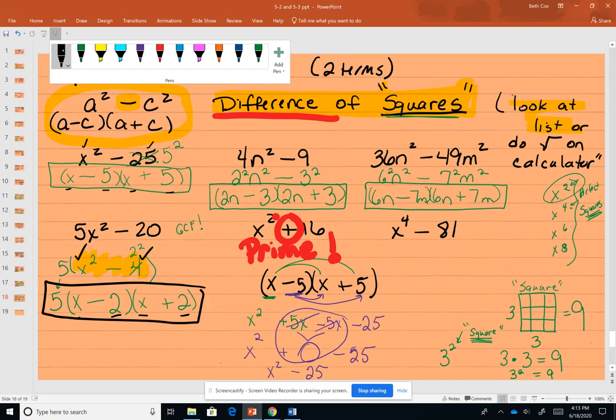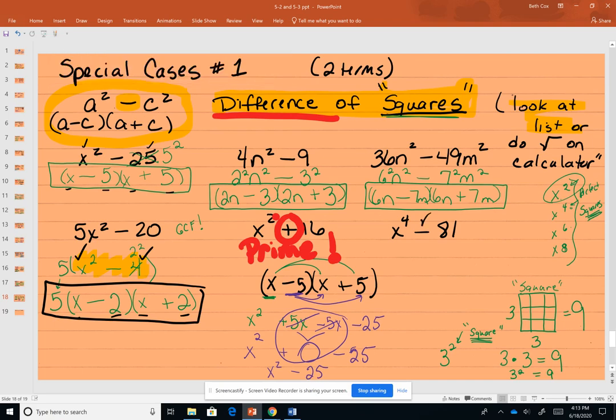All right, so what about x to the 4th minus 81? Well, I've got the minus. I didn't realize I had to look so closely for the minus, but I do. And I know this is 9 to the second. So I'm looking at x to the 4th minus 9 to the second. But do I do 4? Yes. Split it in half. So you took the x to the 2 and did 1 and 1.